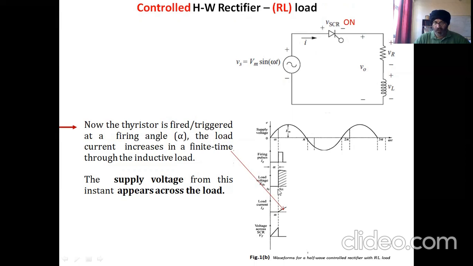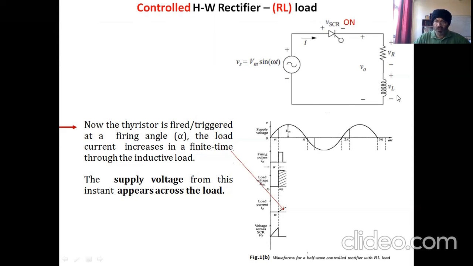So we can see from here the load output, the load voltage is showing the voltage over here. Because here the thyristor was not conducting, so it was open circuit, so no voltage was appearing at the load because of the open circuit. Now it is conducting, so this voltage now starts appearing at the load. About the current now.